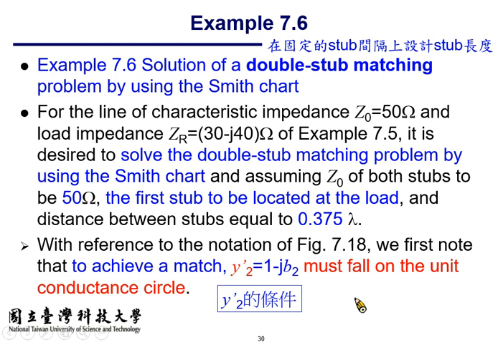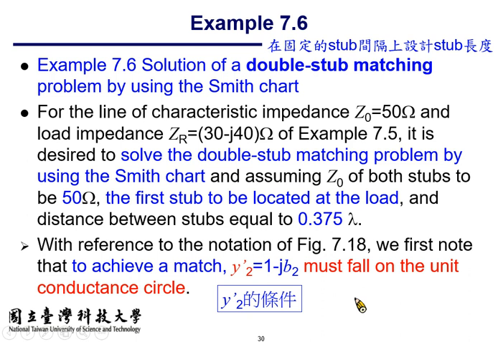And the second stub is connected at a fixed distance, which is 3/8 of a wavelength, 0.375 lambda. So at 3/8 of a wavelength away from the termination, you will connect the second stub.